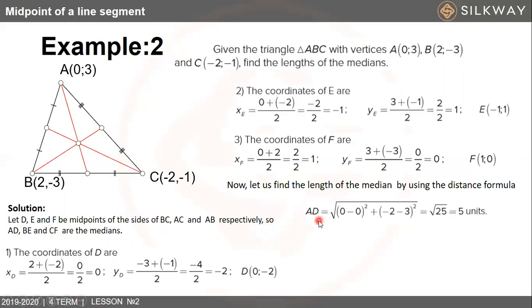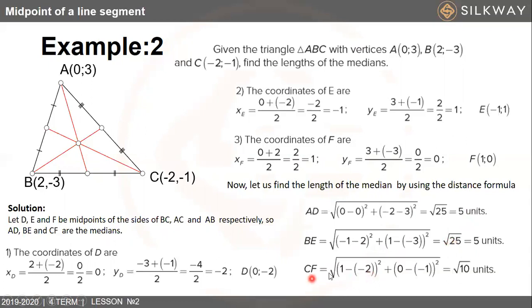So AD is equal to the square root of (0 minus 0) squared plus (-2 minus 3) squared, which is the square root of 25, equal to 5 units. BE is also the square root of 25, and the last, CF, is equal to the square root of 10 units.